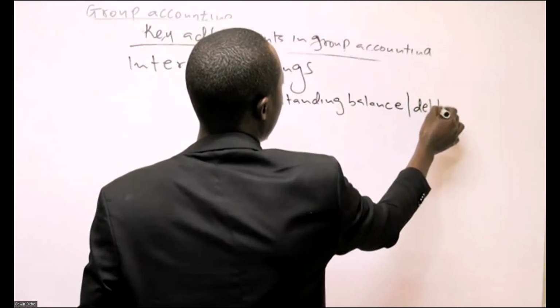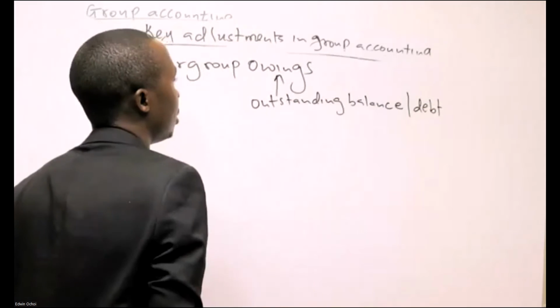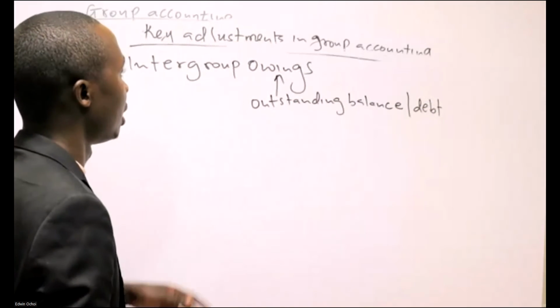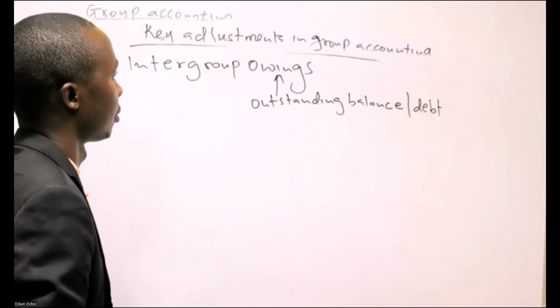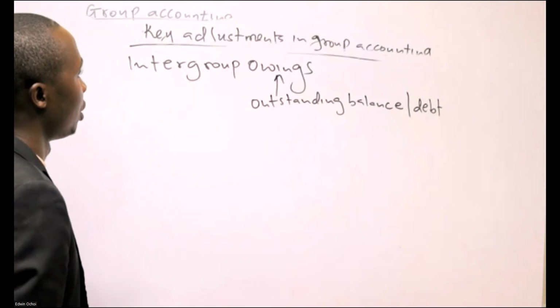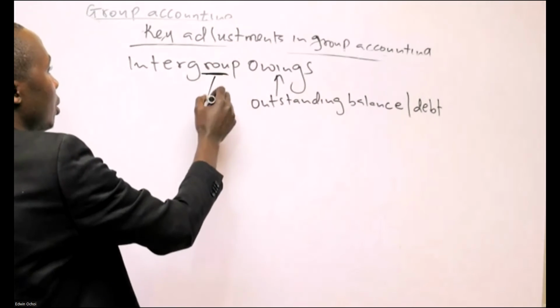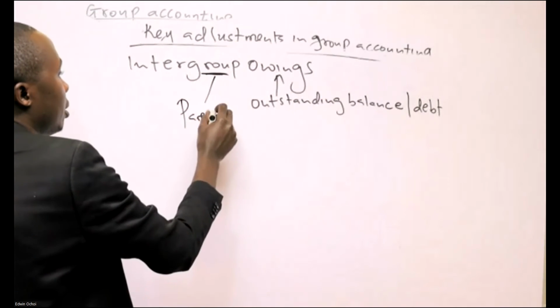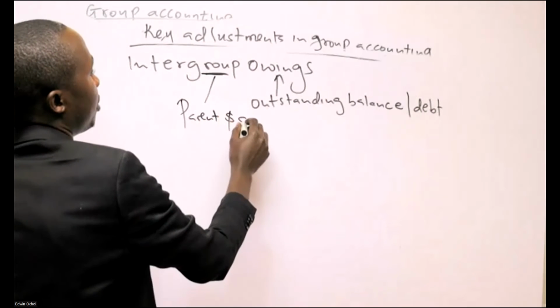In Kiswahili, we say deni. So intergroup owings. So intergroup, between who and who? Parent and subsidiary.